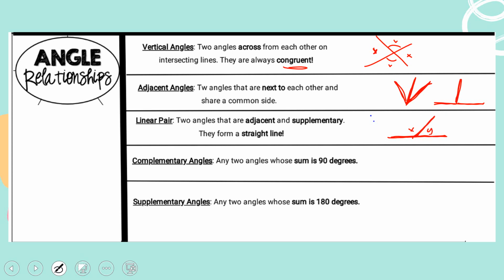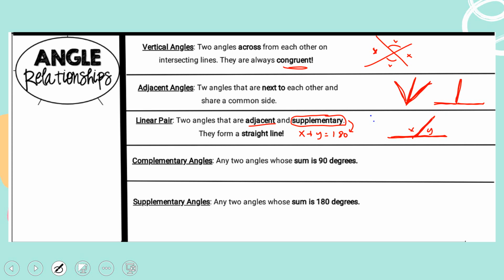They have to add up to 180 degrees. So supplementary means that they have to add up to 180 degrees. And they form a straight line. And they're adjacent, because they share a side.